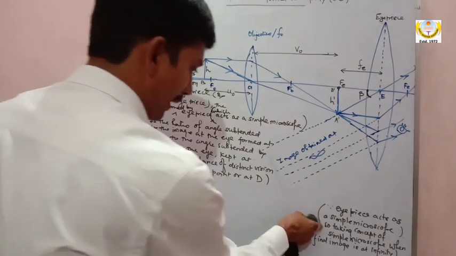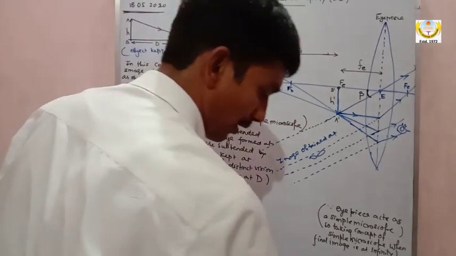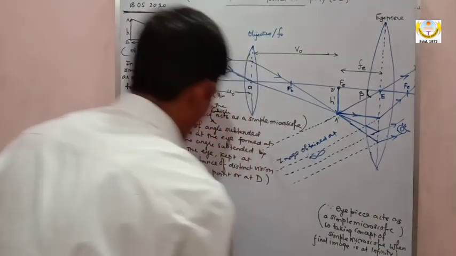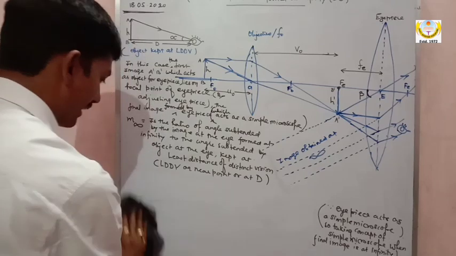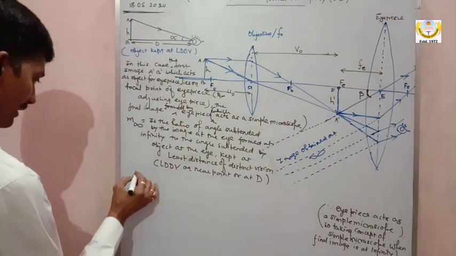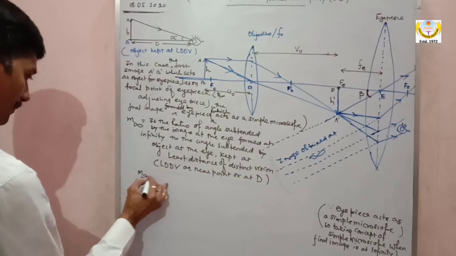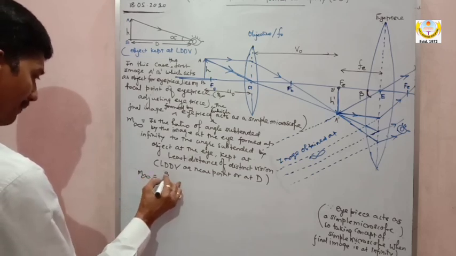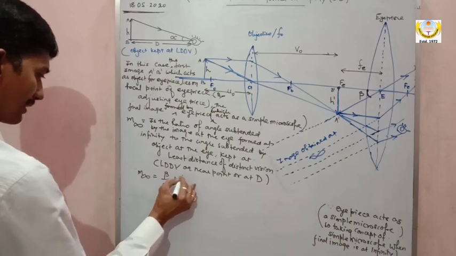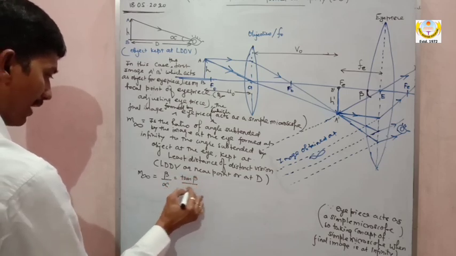In the simple microscope, what is ME for the infinity case, and all that. Or you substitute the formula like this. So M infinity is equal to 10 beta divided by 10 alpha.